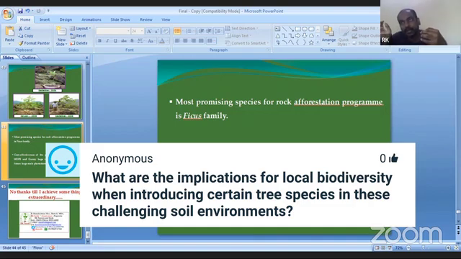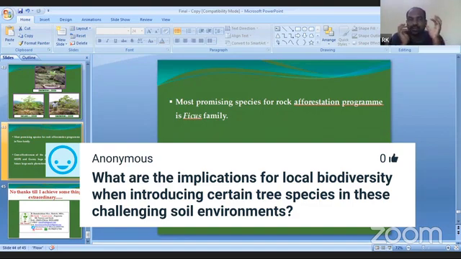Suppose you plant ficus. Some mammals, some animals, bats come and feed on the fruit. So the seeds are dispersed to all areas, and automatically trees will come up.